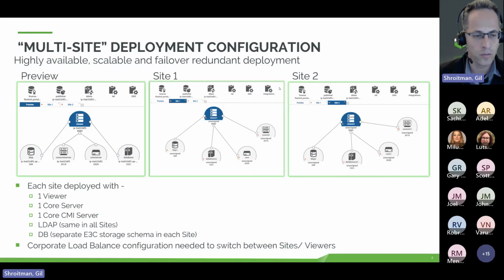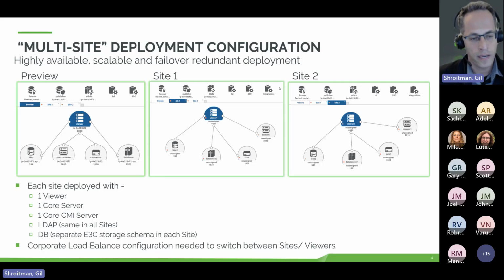You also need to make sure there is obviously one core server and one core CMI associated with every site, so there is no longer a need to set up a core load balancer and two cores for each site or for each viewer. That's no longer needed. We make this deployment a lot more efficient and easier to handle, with fewer components in the mix.